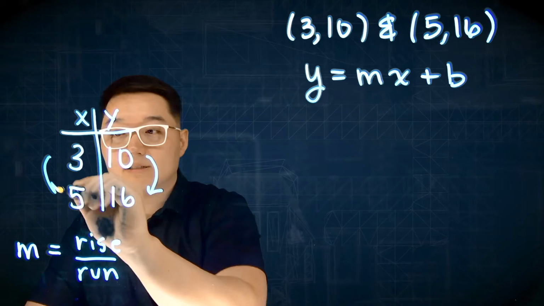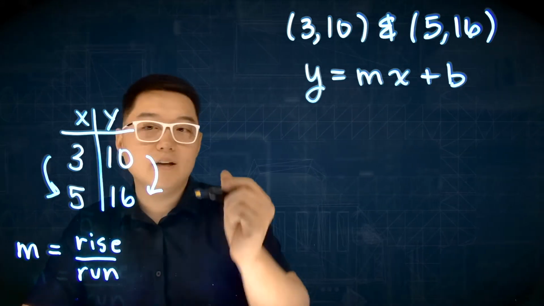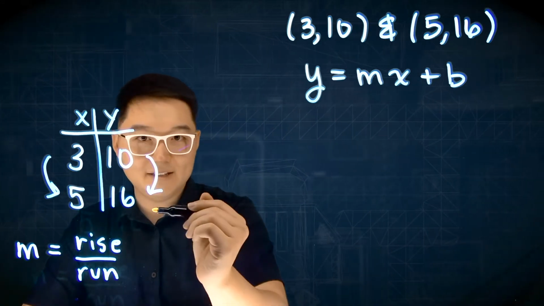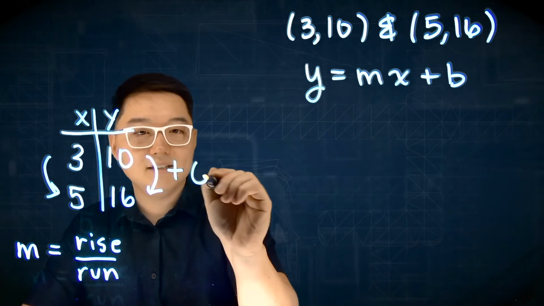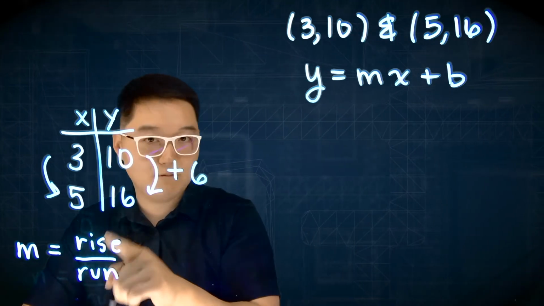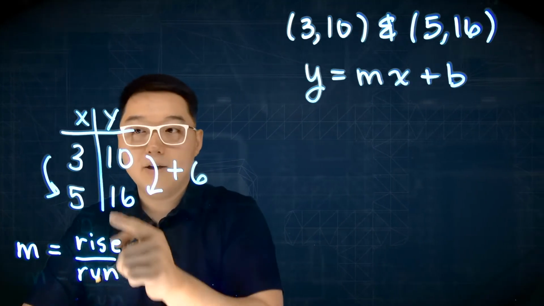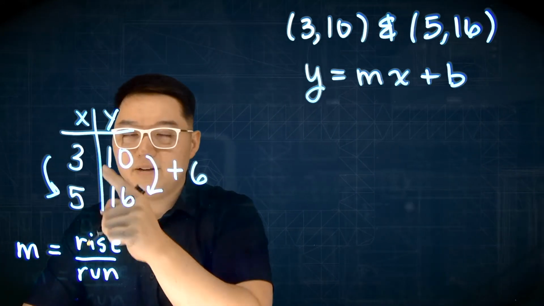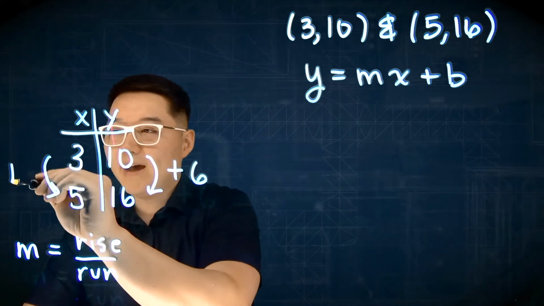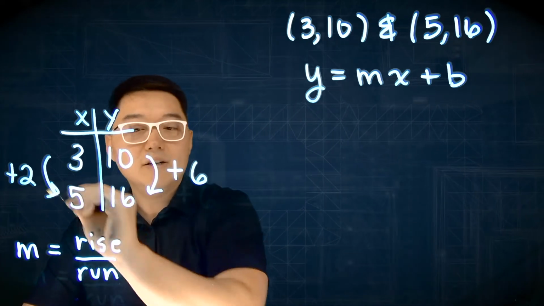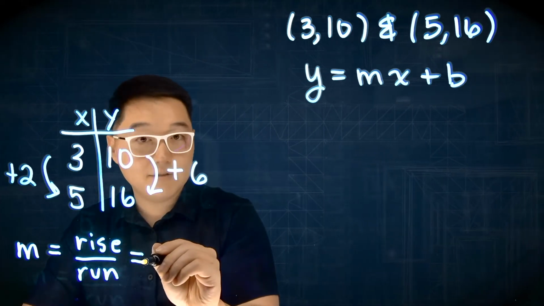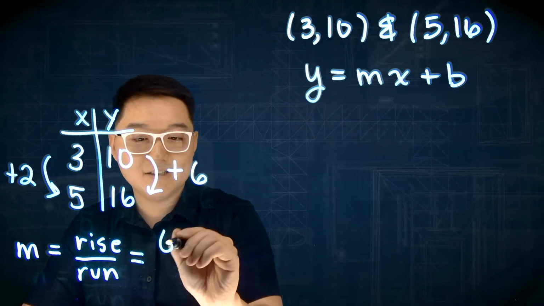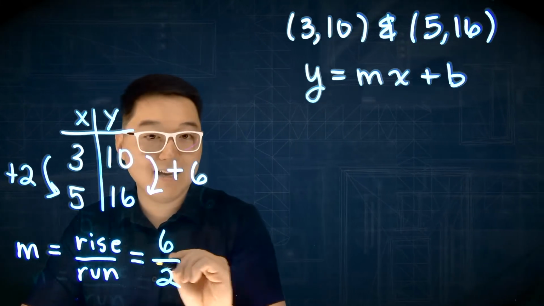And how much time has passed? So from 10 to 16, you must gain $6. That means the rise is 6. But how much time has passed? Well, from 3 to 5, 2 days have passed. So that means the ratio of rise over run, the slope, is $6 in 2 days.